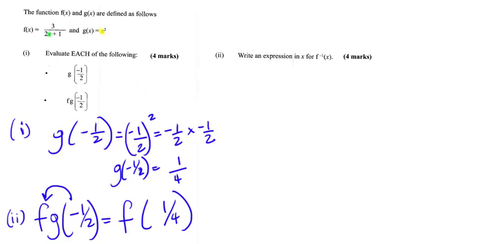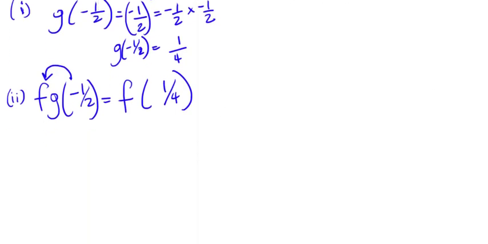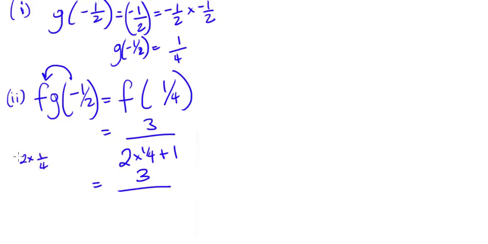Instead of 3 over 2x plus 1, this is going to be 3 over 2 times a quarter plus 1. 2 times 1 over 4: 2 into 2, 1. 2 into 4, 2. So that would be a half, so that's going to be a half plus 1.